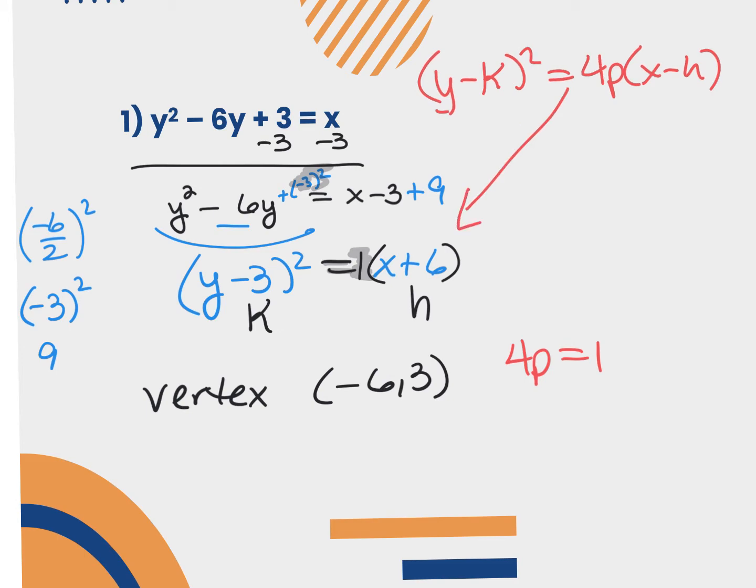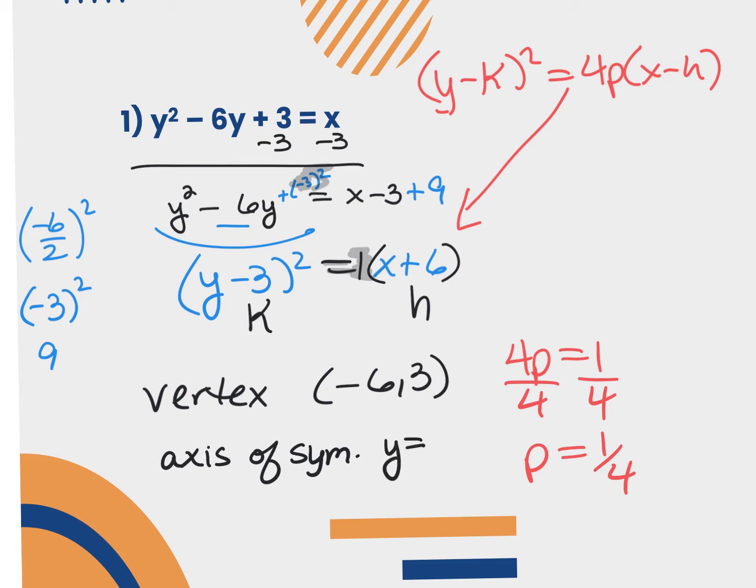Now, I need to find the value of p, so I divide by 4, and I get p equals 1/4. Now, my axis of symmetry, you'll have to find that. Remember whenever it's a y squared, the axis of symmetry is that variable, and it's equal to the y coordinate of the vertex.